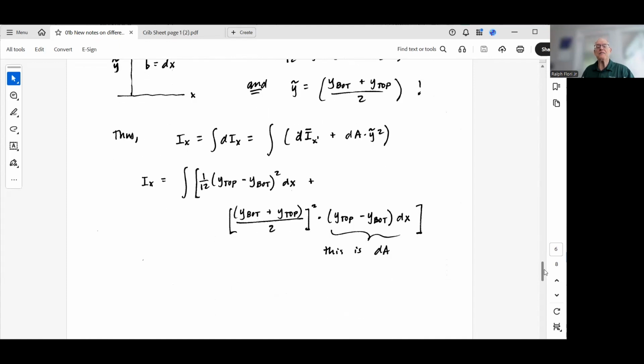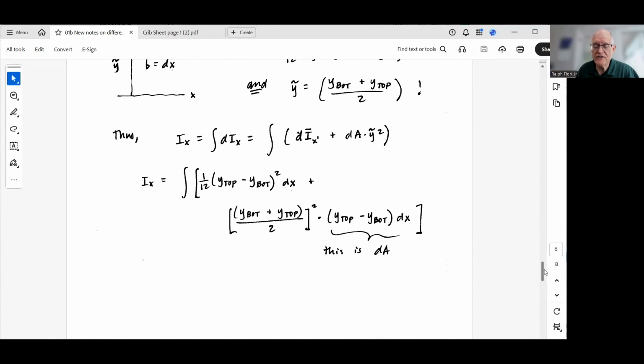And that's dA. So if you're integrating for an area moment of inertia, and you choose an element that's perpendicular to the axis of interest, this is the way you have to do it. No other way works. But this is painful.